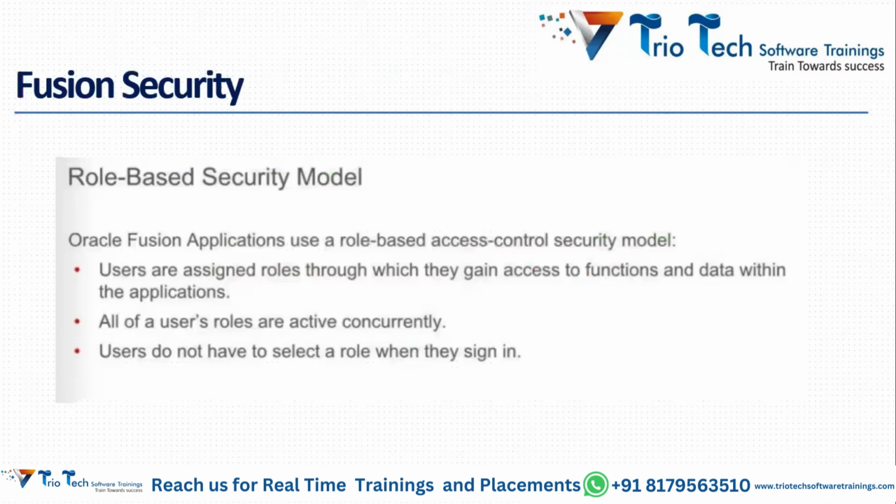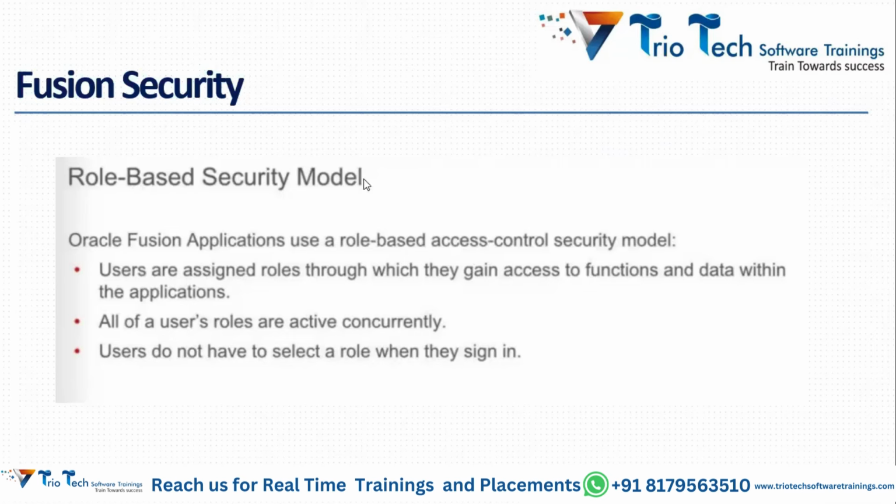So first we will understand job role assignment as a conceptual part, and then we will see in the application how job roles are assigned to the user. So in Oracle architecture, the Fusion function security model is called the role-based security model.